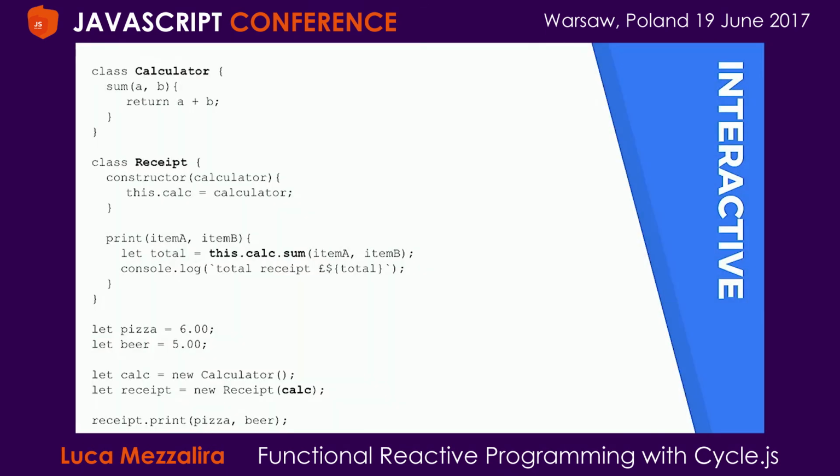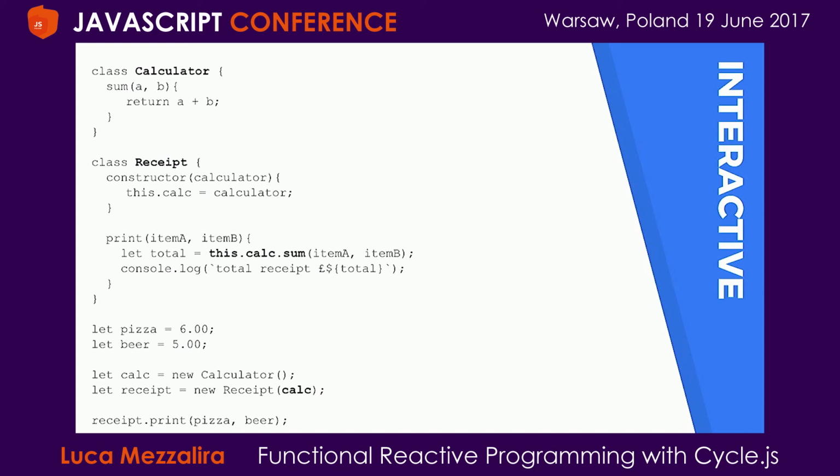So let's see an example. This is a very, very simple example. We have a class calculator and a class receipt, okay? Basic stuff. The calculator has just a method that is exposed as sum that returns, let's say, a sum of two values. And then the receipt instead has to display the total of the receipt. Nothing else, nothing more.